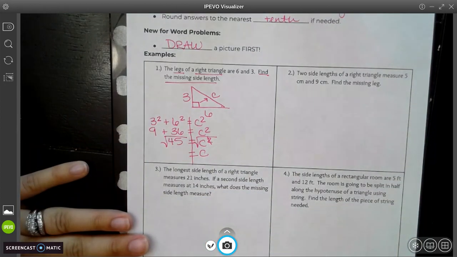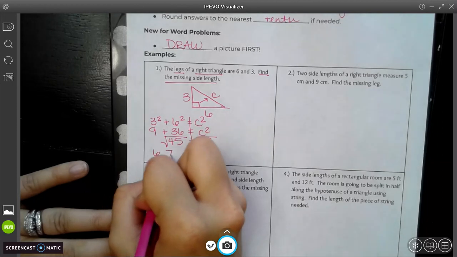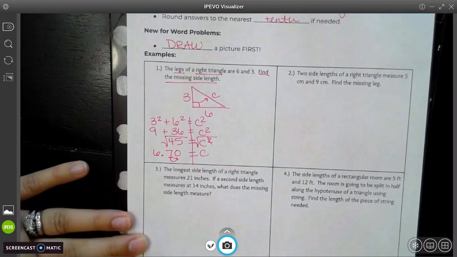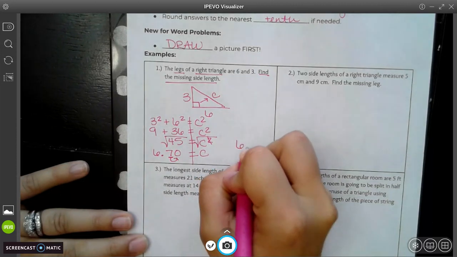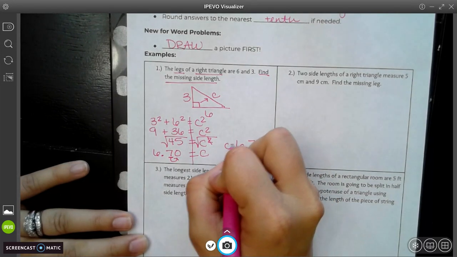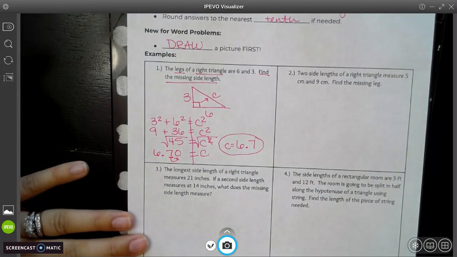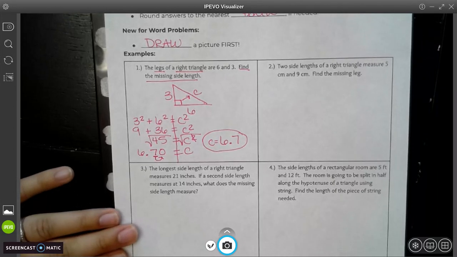So we square root 45. We get 6.70. Look to the number behind the tenths place, so that 0 tells me to keep the 7 the same. So my final answer is c equals 6.7. Only put in one number past the decimal, but make sure you round correctly.